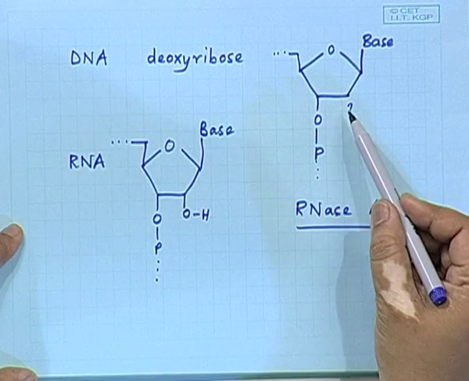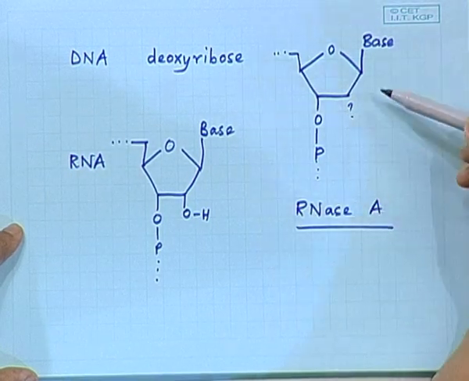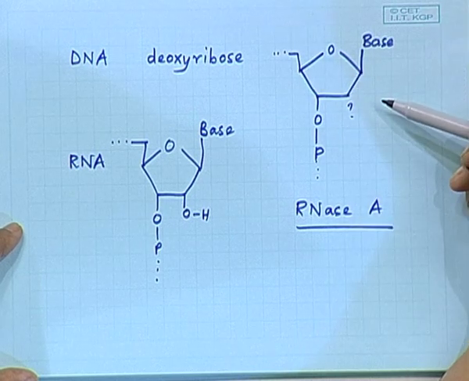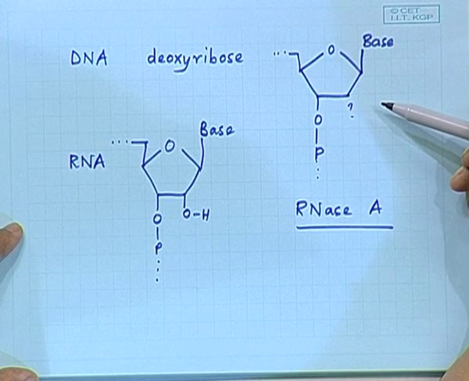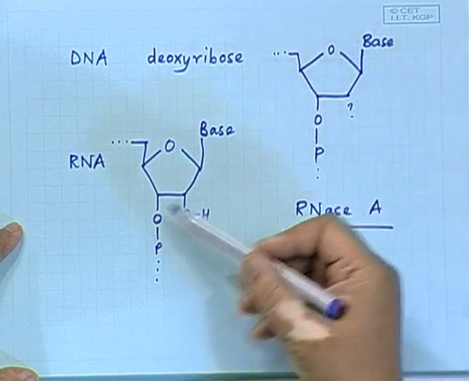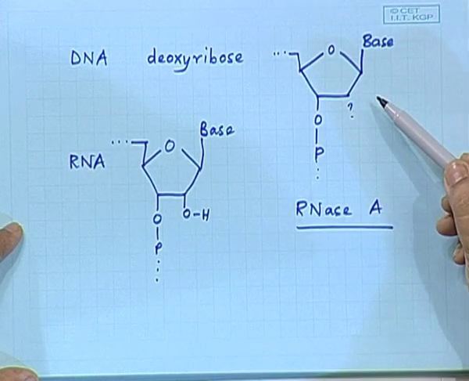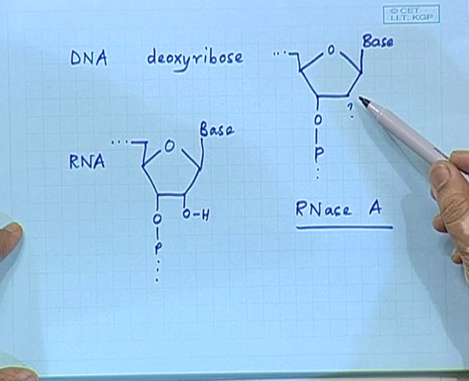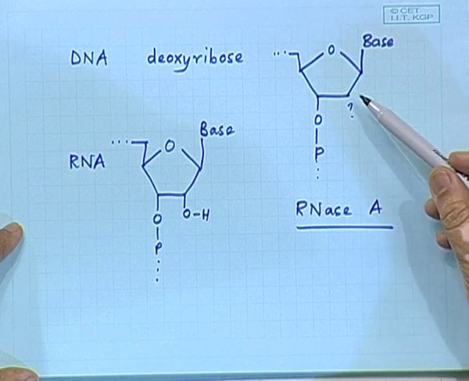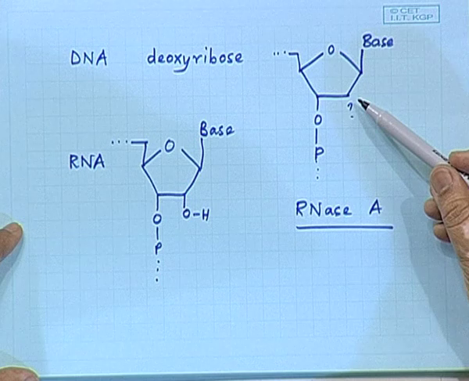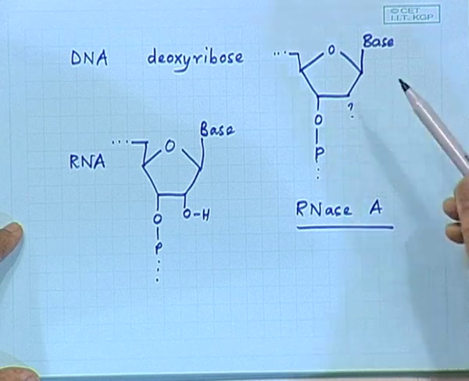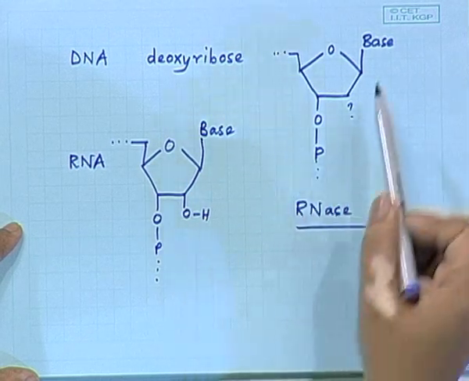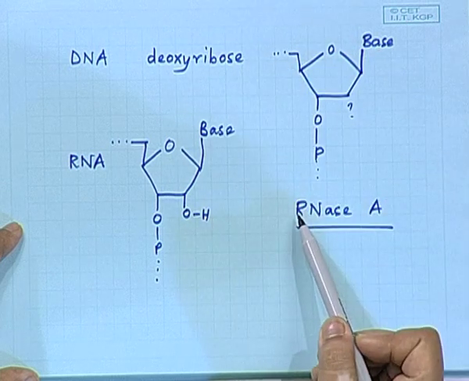So, what can this be? This can act as a sort of inhibitor to ribonuclease A, because it looks very similar, but ribonuclease A will not be able to cleave DNA, right? But there will be other parts that are similar.